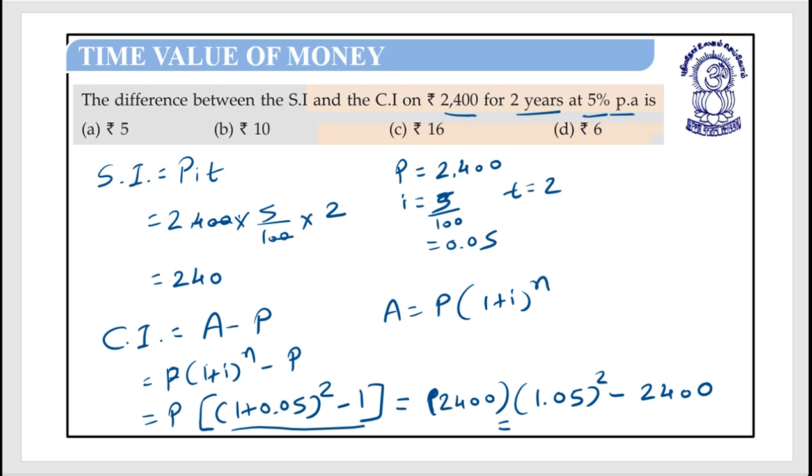So after solving this, 2646 minus 2400 is equal to 246.